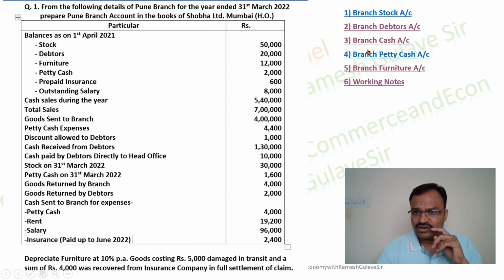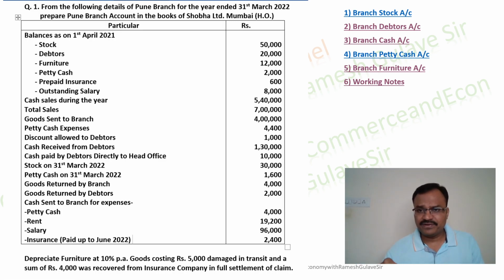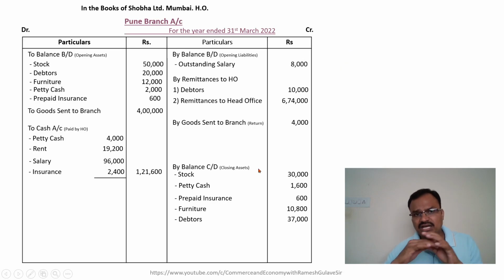See, the branch petty cash account is prepared if the opening balance of petty cash is given and the closing balance of petty cash is not given. In that case, we have to prepare the branch petty cash account. But in this question, the opening balance of petty cash is given and the closing balance of petty cash is also given. So that's why we are not going to prepare the petty cash account.